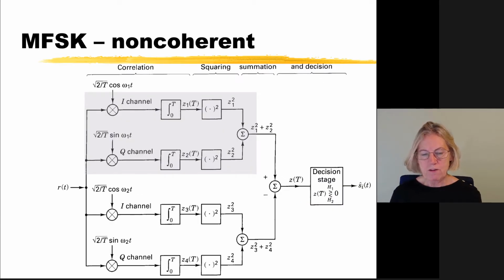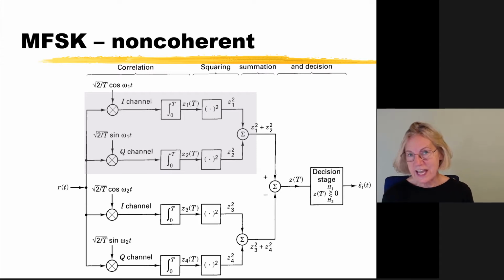Now, if we were going to look at the non-coherent version, we could indeed calculate the coefficients with an I and a Q in each branch. And then we could square each branch, and we could sum those two branches. And we know that in this case, we have calculated the energy in that signal.